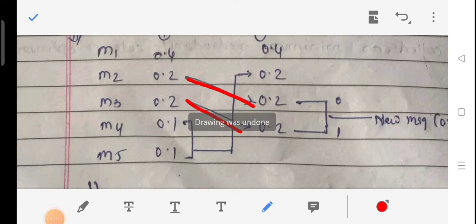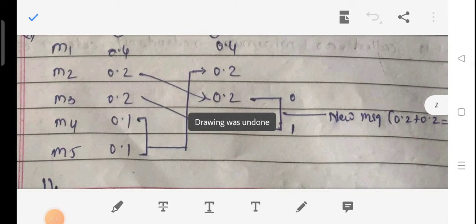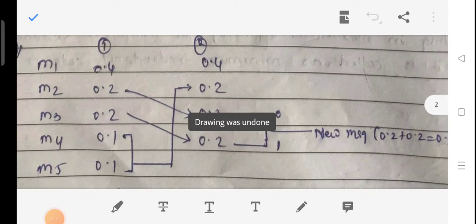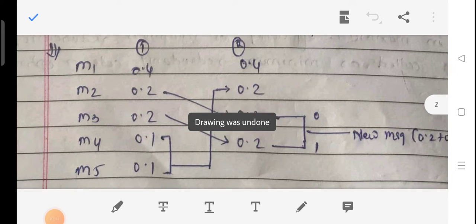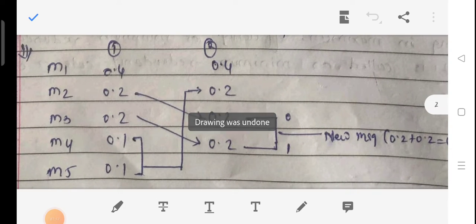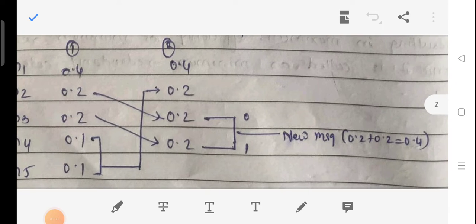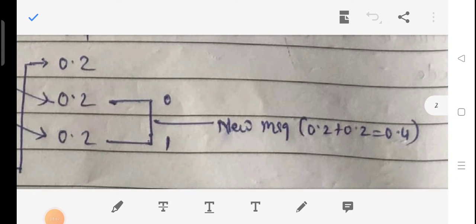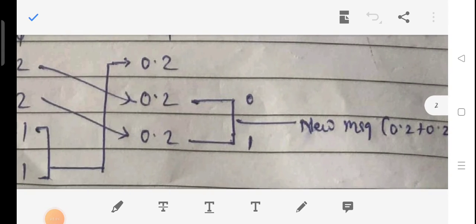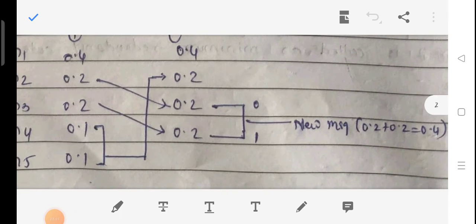Then repeat the same stage for the next two messages with the lowest probability value. Here the lowest probability messages are M3 and M4, so we combine these two messages and add their probabilities to get a new probability value: 0.2 plus 0.2, which equals 0.4, and assign 0 and 1 to those messages.